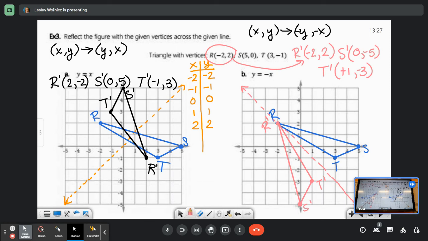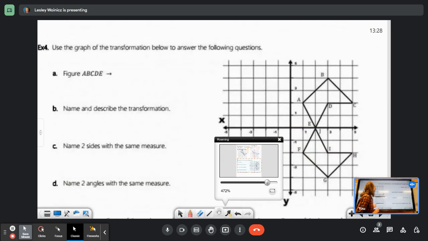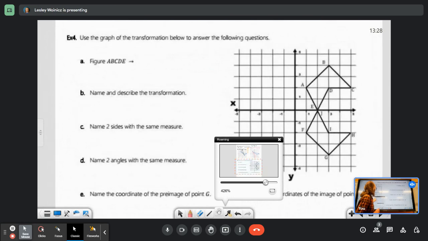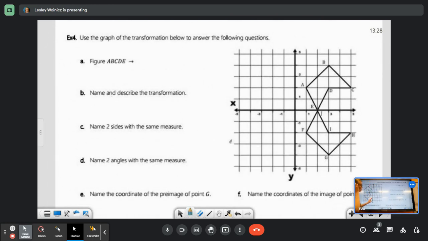Make sure everything's labeled. It should kind of look like a paper airplane. Okay, let's look at this one. I think this is going to be the last one that we do. I don't think you need the very last example.